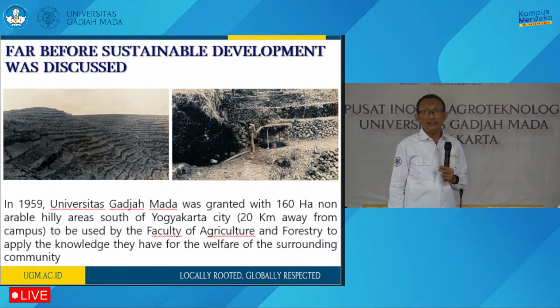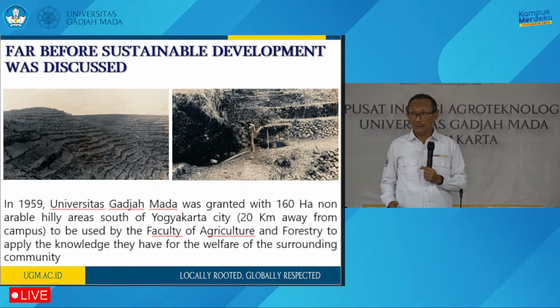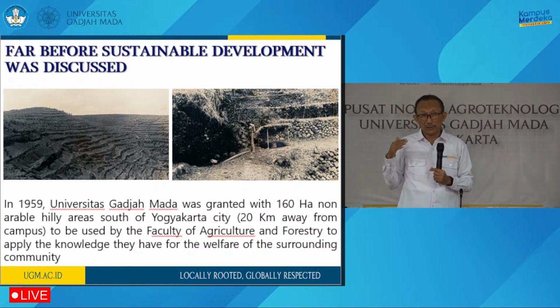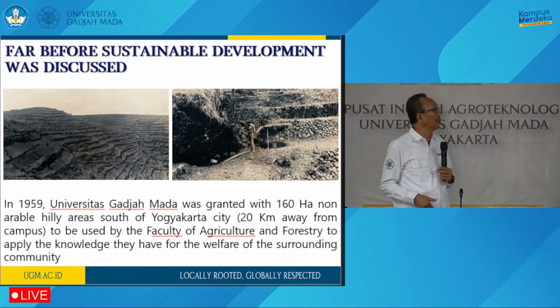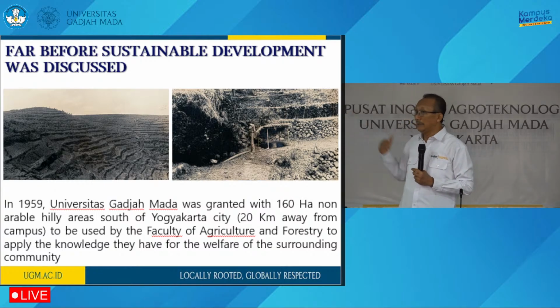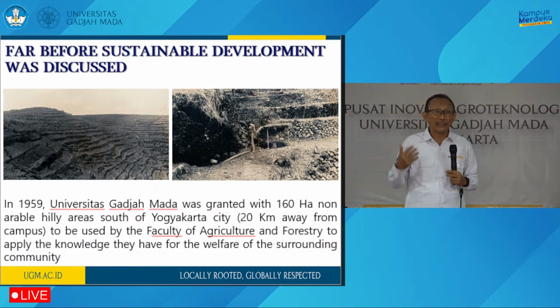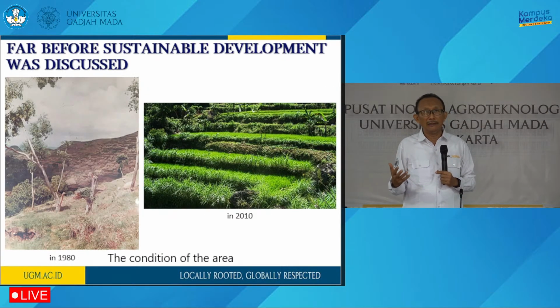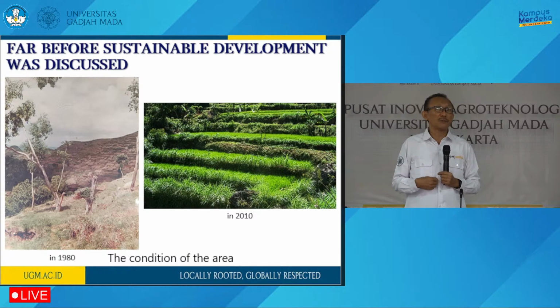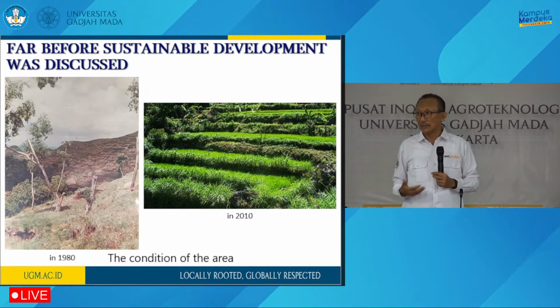In 1980, still very slow progress happened, and in 2010 we can see that we are able to grow rice in that place. It means that water started to spring in this area.